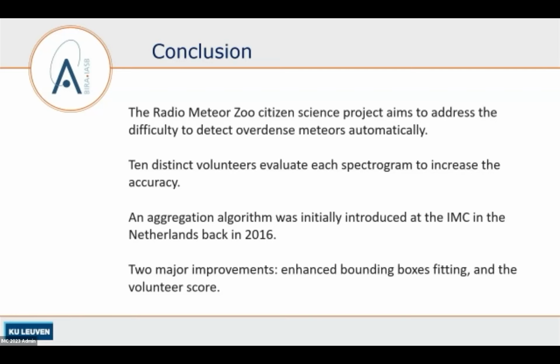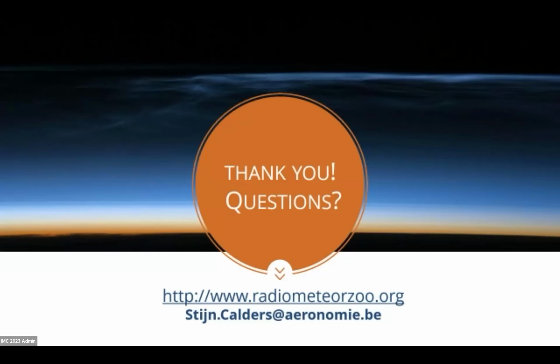I introduced an algorithm for that during the IMC in 2016 in the Netherlands, and today I presented two major improvements: the enhanced bounding box fitting and the introduction of the volunteer score. Thank you very much. Questions?